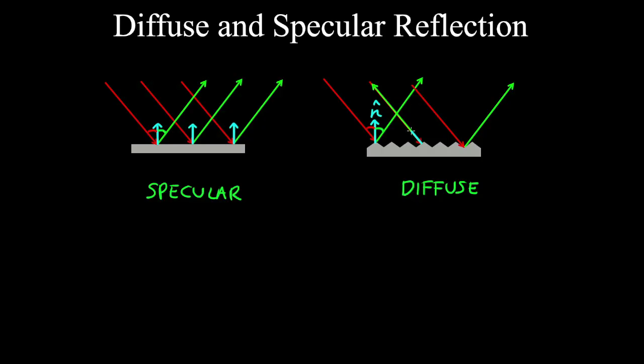Whereas at this point, the normal to the surface is in this direction, so the incident angle in this case is 0, and therefore the angle of reflection is 0. So the reflected ray points in that direction. And over here, the normal to the surface points upwards, so the angle of incidence being equal to the angle of reflection results in a light ray that gets reflected in this direction.